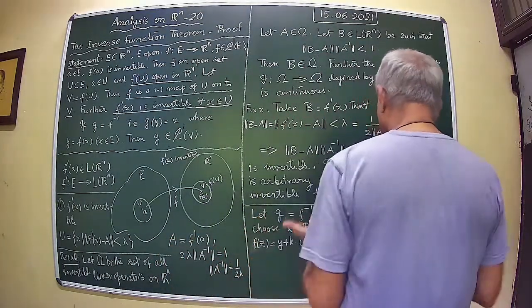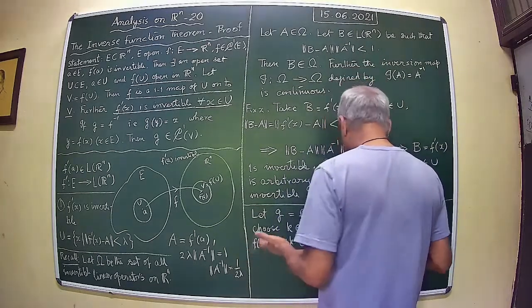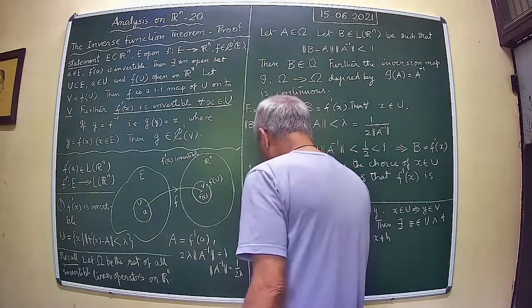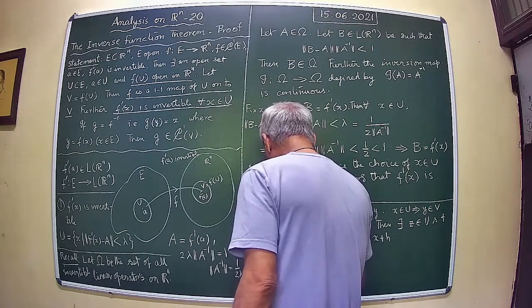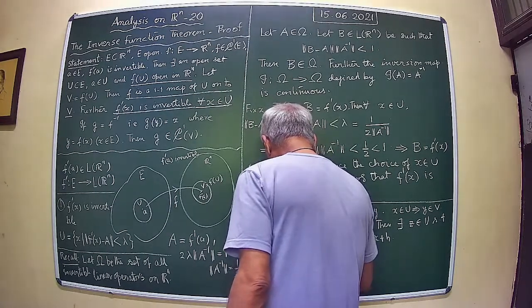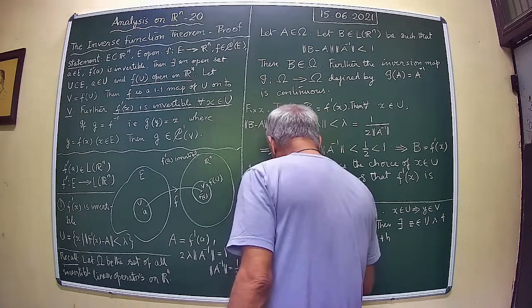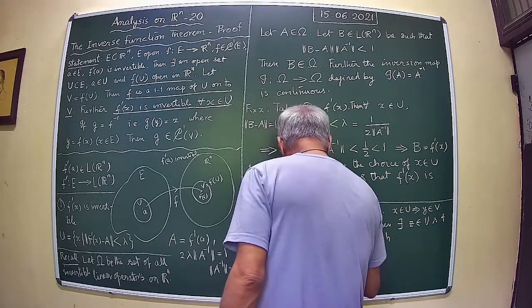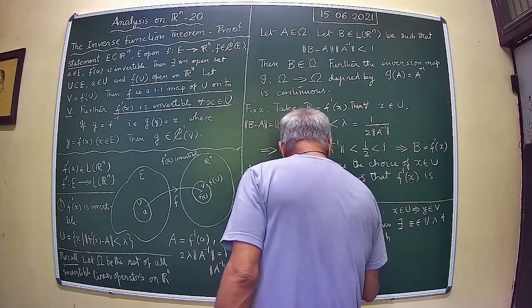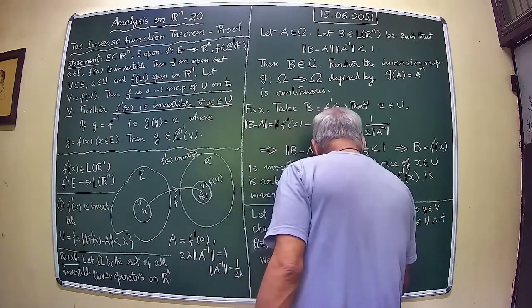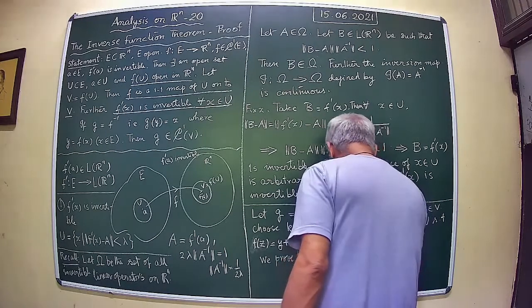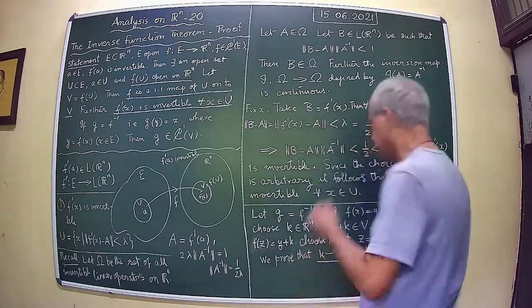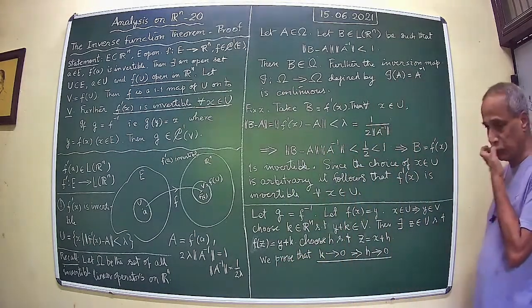Now what we want to prove is that k goes to 0 implies, this is the crucial result that we want to prove first.